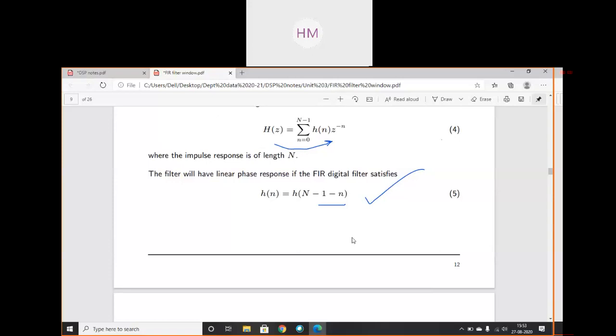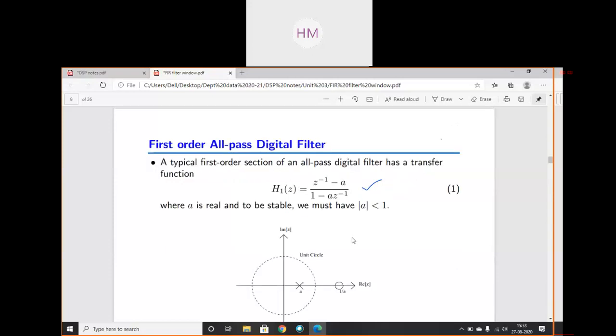So h of 0 will be equal to h of N minus 1 minus n. Capital N is 9, minus 1 is 8, so it will be equal to h of 8.